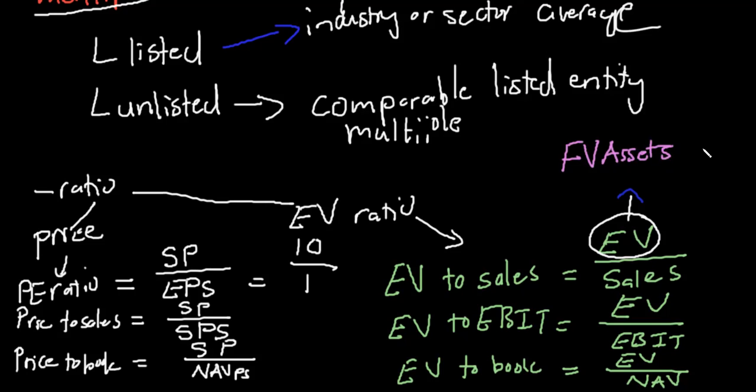So if you take all the fair value of all the assets of a company, then you will get the enterprise value. And specifically, there could even be a nuance that these assets would be operating. So if you take the fair value of all the operating assets of a company, then you should get the enterprise value of an entity. Cool. That's very important for you to understand. So that's what we mean by enterprise value.